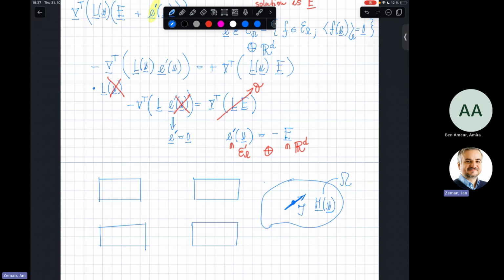my primal quantity now would be the fluctuating part of the flux field, because I have this given background macro flux field, or sorry, mean flux field. I know that the fluctuation is the original field corrected by the mean. So if the original was divergence free, this one is as well.